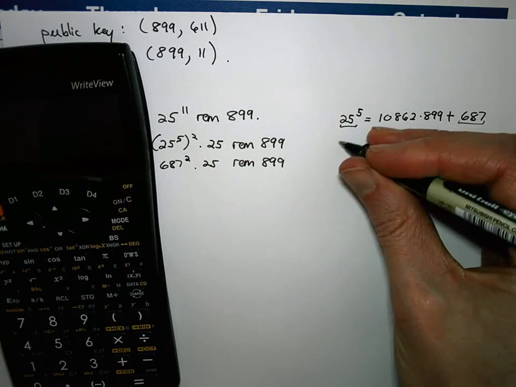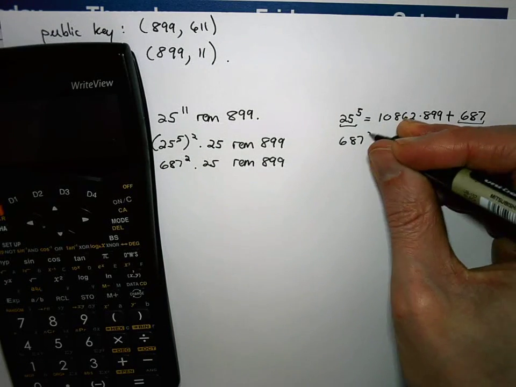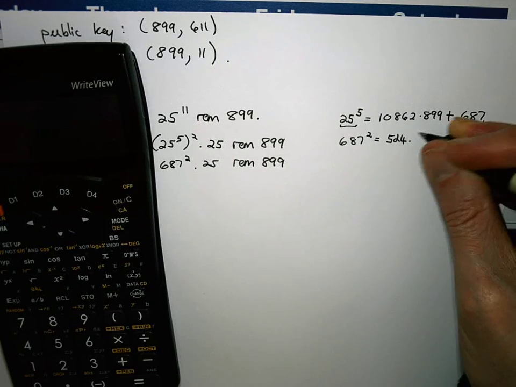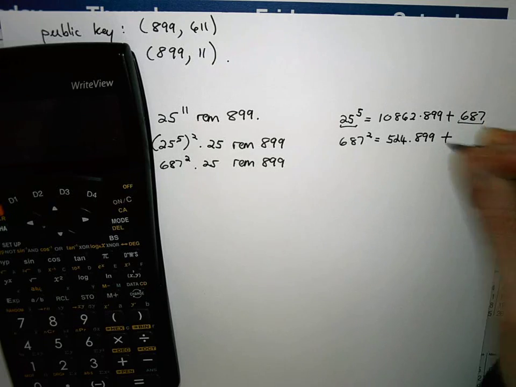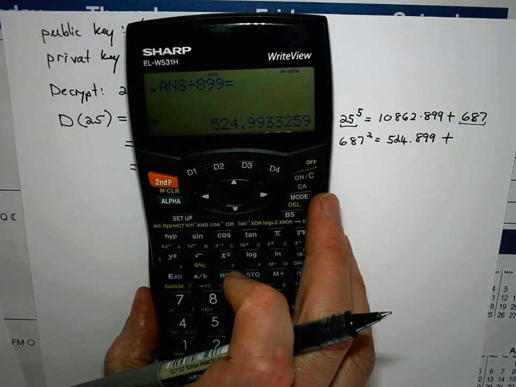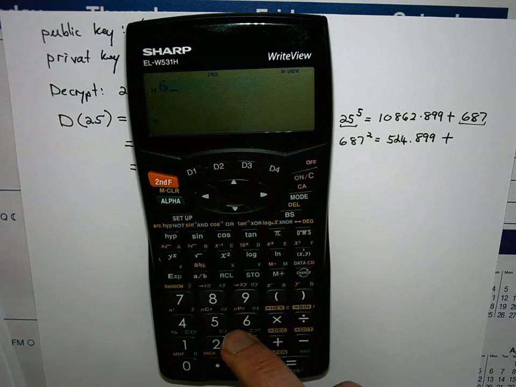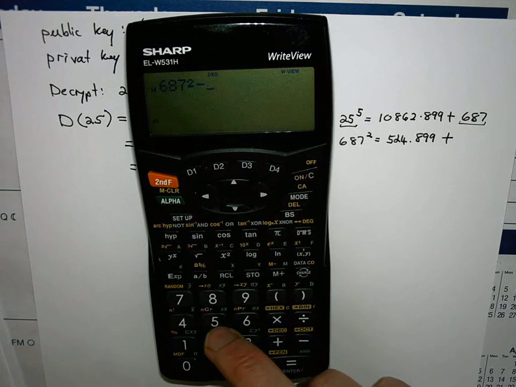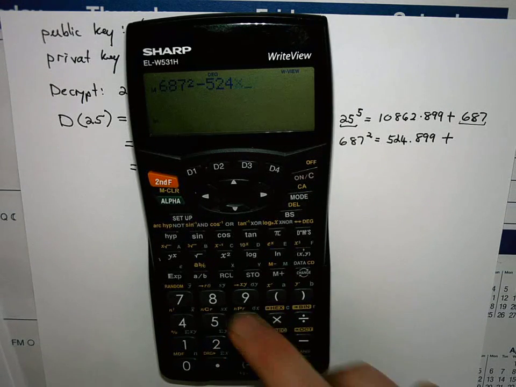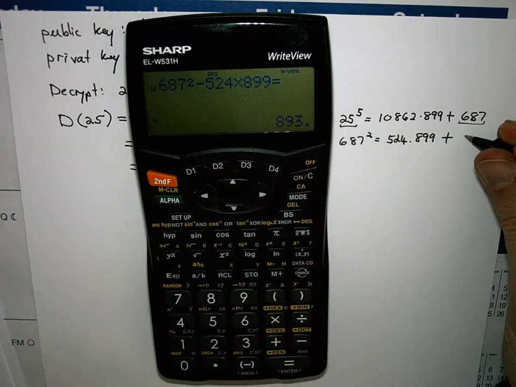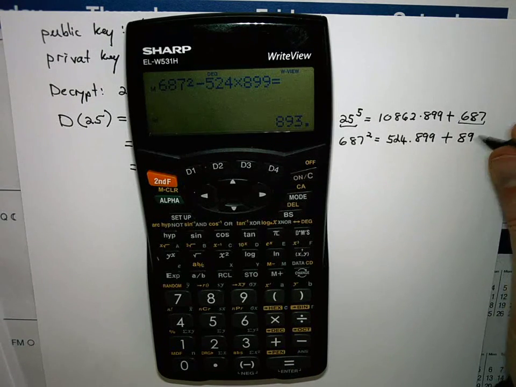So I can say 687 squared is equal to 524 times 899 plus the remainder. The remainder is 687 squared minus 524 times 899, which gives me 893.